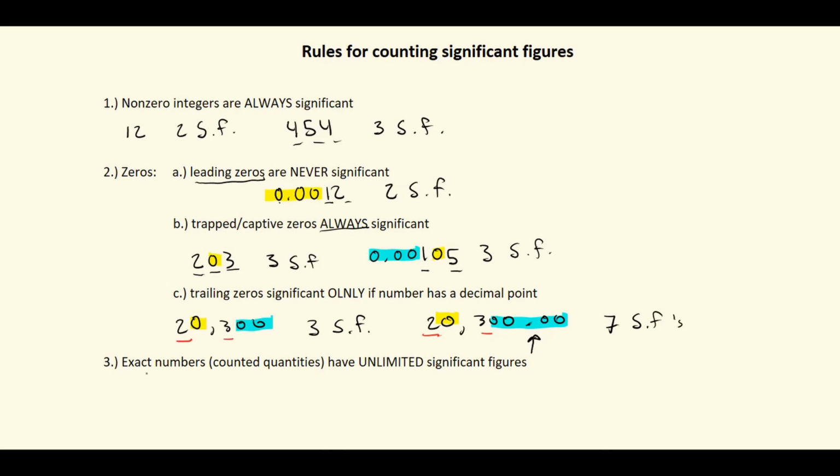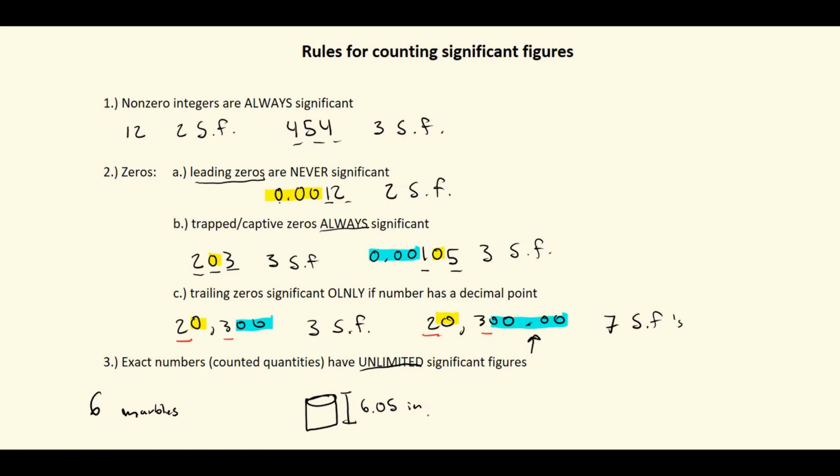Alright, the last rule says that exact numbers, which are counted quantities, have unlimited significant figures. So if we had a number like 6 marbles, this is a counted quantity, so this is said to have unlimited significant figures. On the other hand, let's just say we had a cup, and then we use a ruler to measure its height, and let's just say it was found to be 6.05 inches.